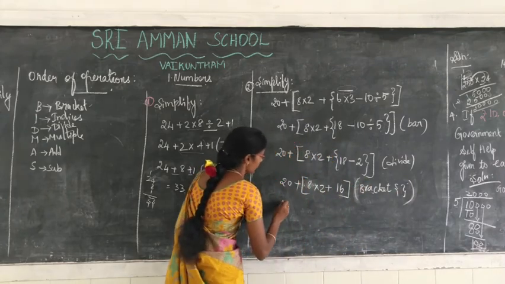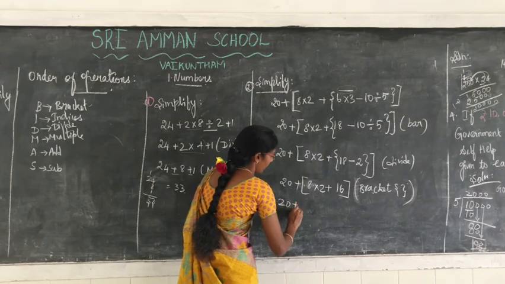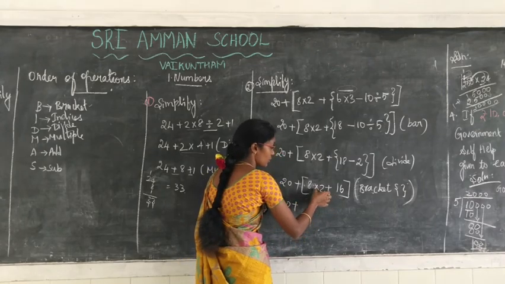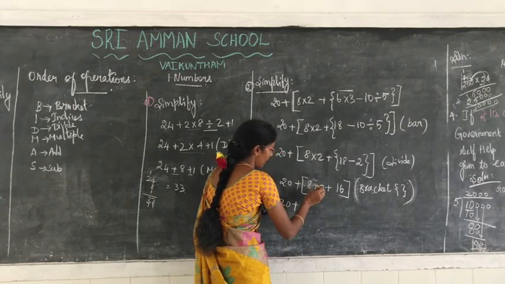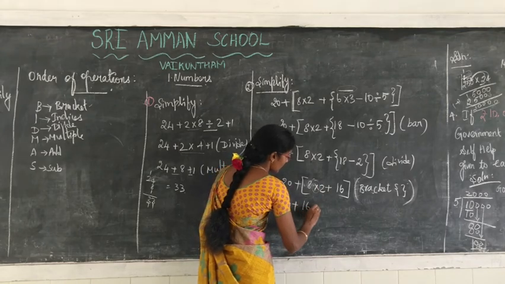So the next step, 20 plus, we have to do this bracket. Within this bracket there are two symbols. So we have to give priority to the multiply symbol. So 8 2s are 16, plus 16.